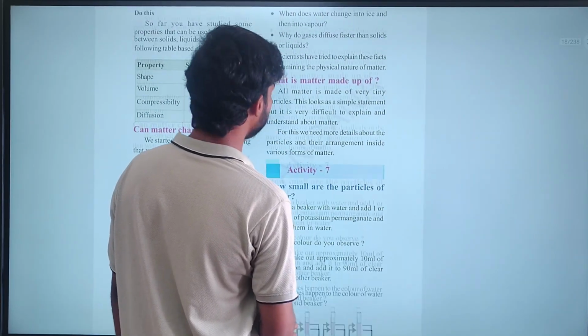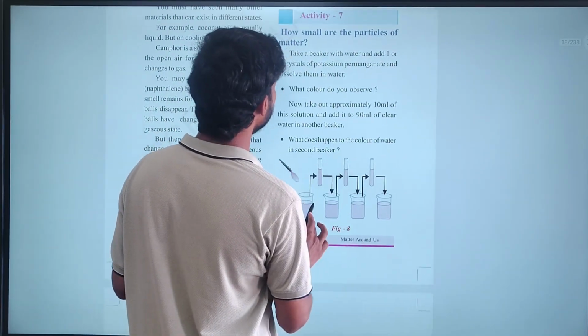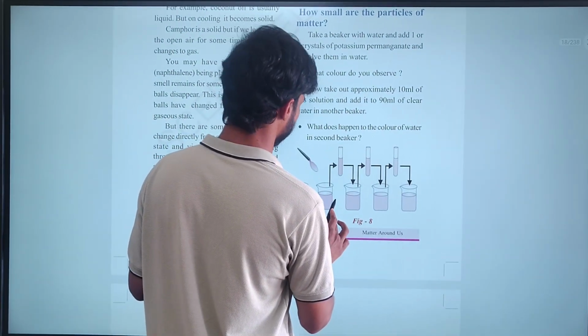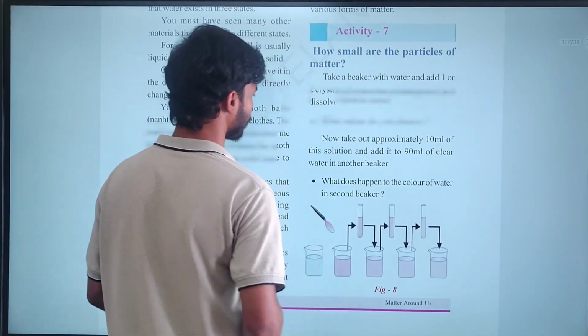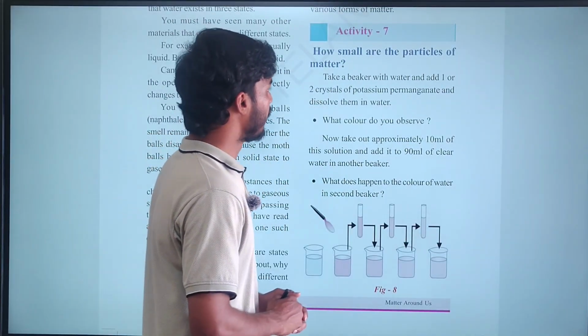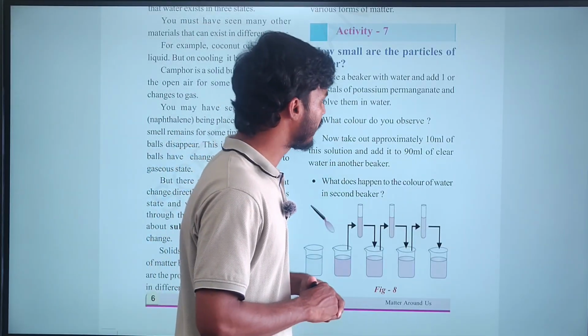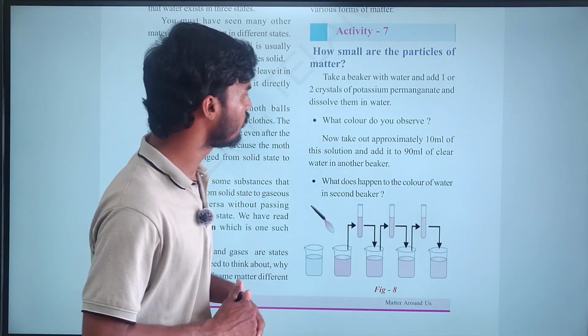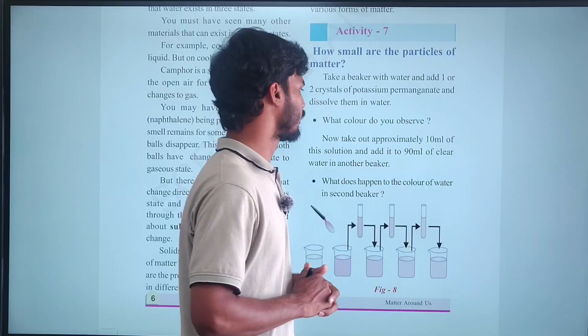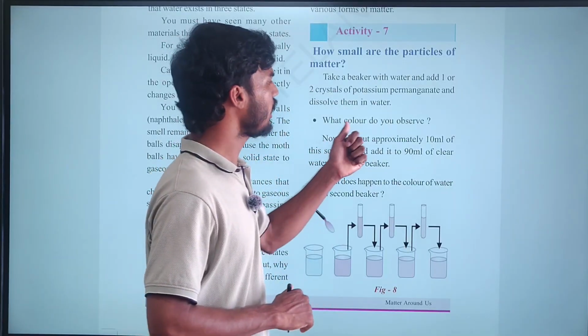So given the activity 7, how small are particles of matter. Take a beaker with water, add 1 or 2 crystals of potassium permanganate, that is KMnO4, and dissolve them in water. What color do you observe?